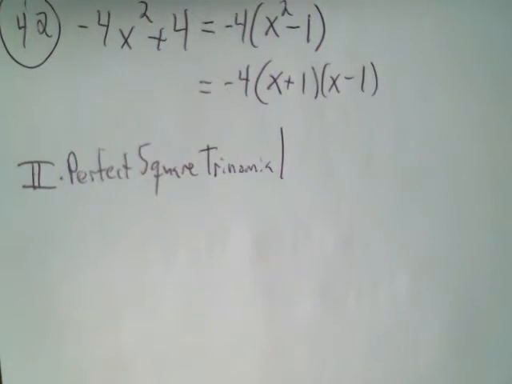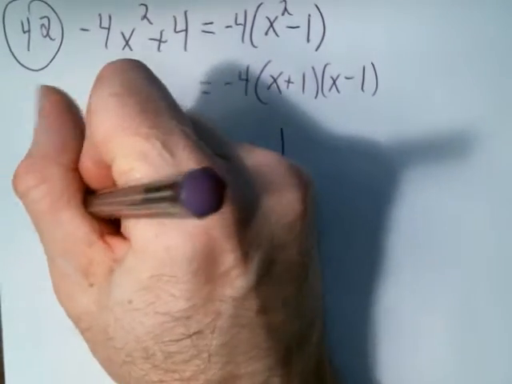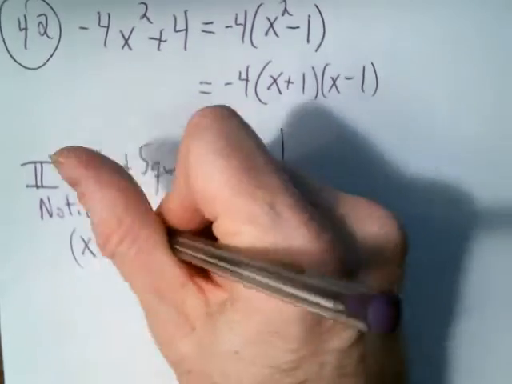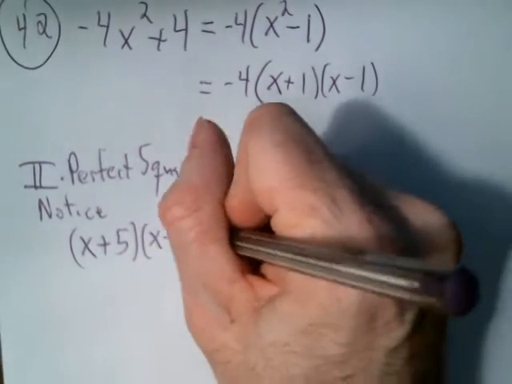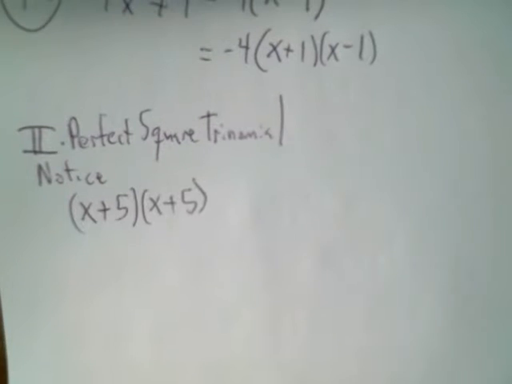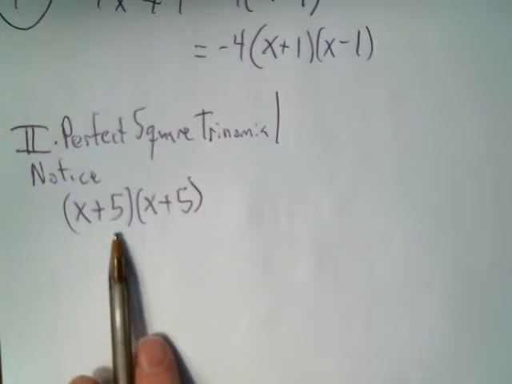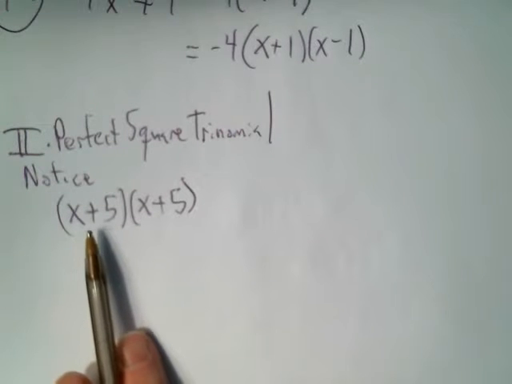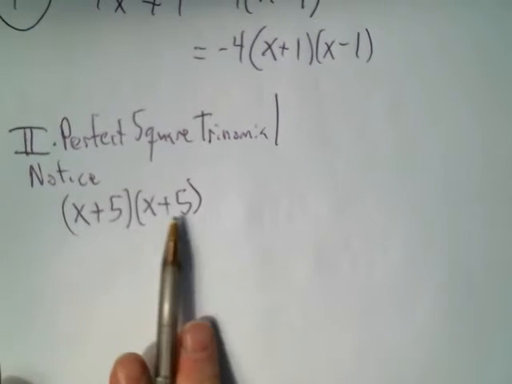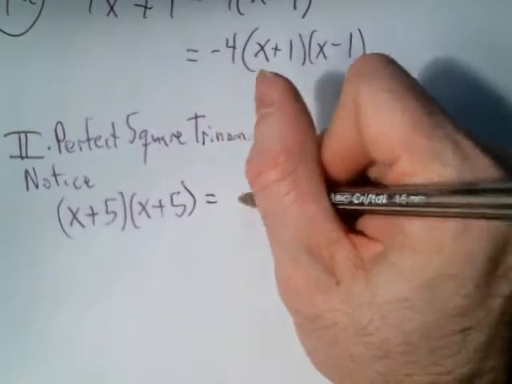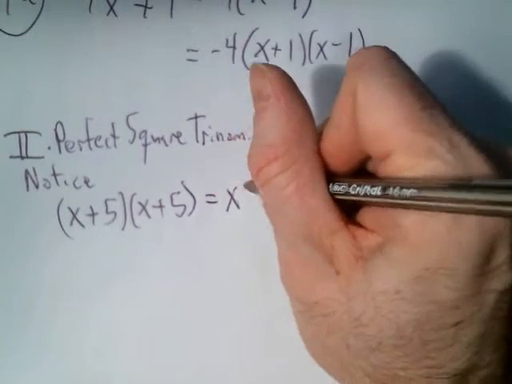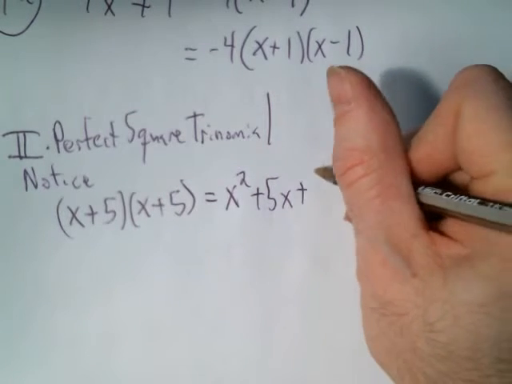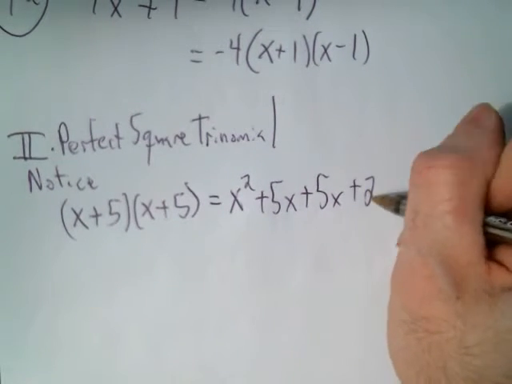Okay. So what is the deal here? Well, notice what happens when you sort of FOIL out the following. Okay, so what we were dealing with last time was plus, minus. They had different signs. Now we have, let's say what happens when we have plus, plus. Okay. So x squared, the outer, 5x, the inner, 5x, and then the last, 25.